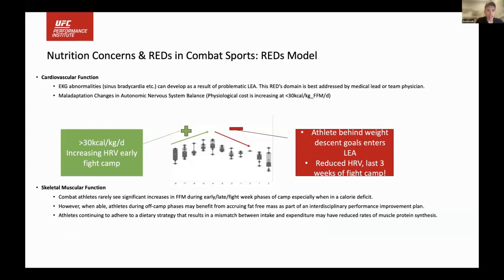This is nicely highlighted in this snapshot of an 8-week preparation cycle, where we had an athlete who initially was doing great, on a sustainable energy balance, but sustained an injury that put us behind schedule. The athlete had to enter the last 3 weeks of their fight camp with low energy availability, and it definitely took a toll on HRV.